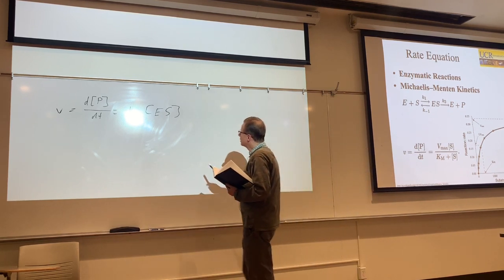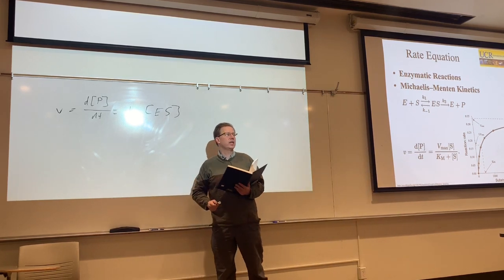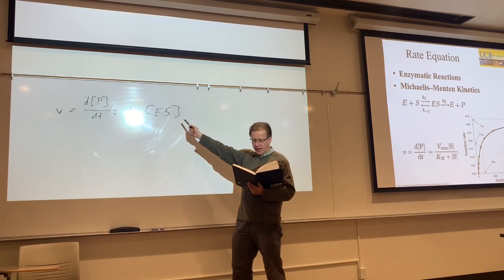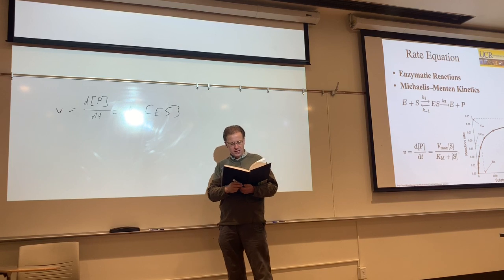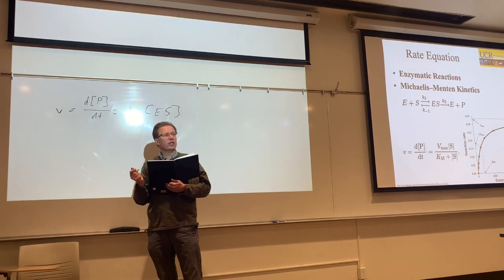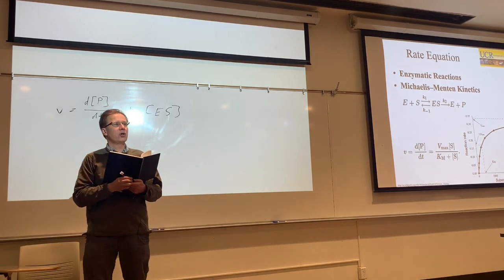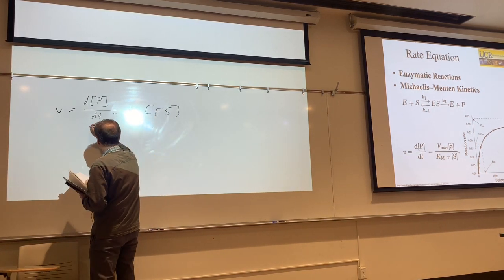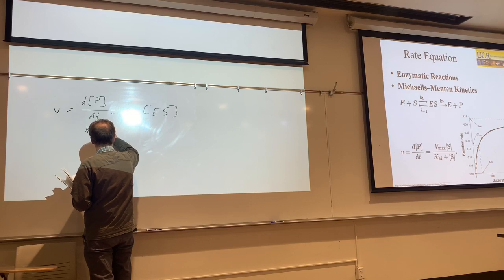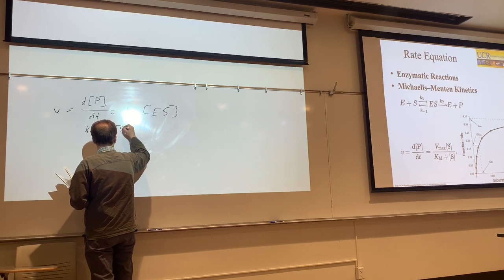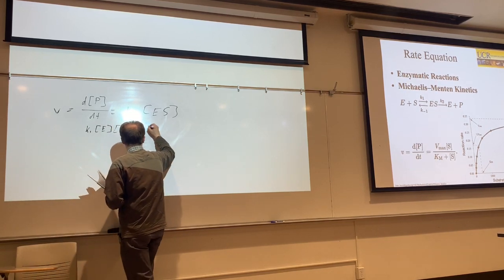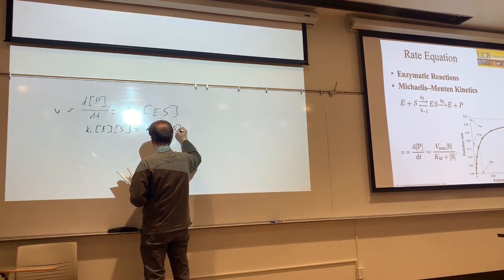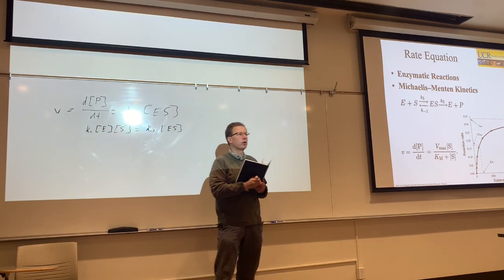So if I want to work with this one here, I need to figure out what is the concentration of this enzyme substrate complex. And that concentration, in the rate determining step approximation, is given as the equilibrium between the forward reaction of the enzyme with the substrate and the backward reaction of the enzyme substrate complex decomposing.